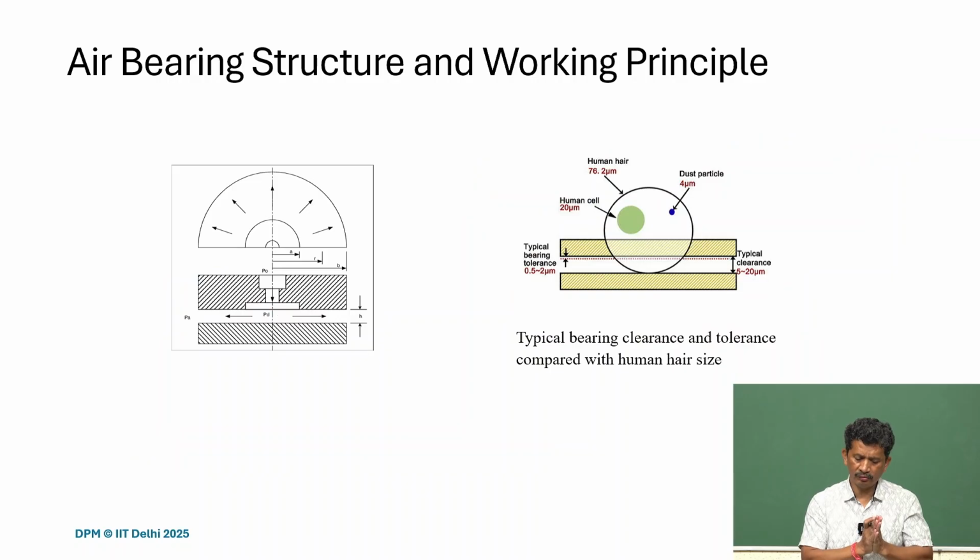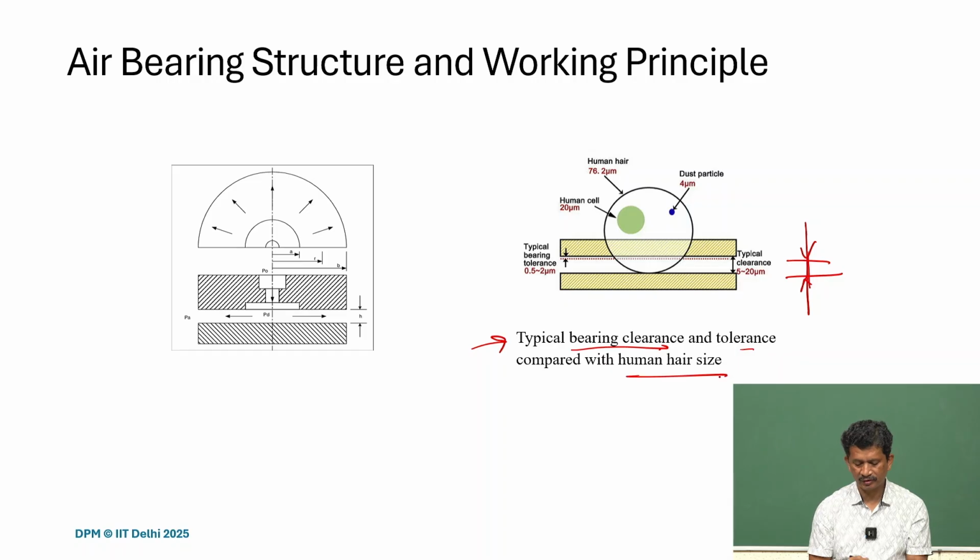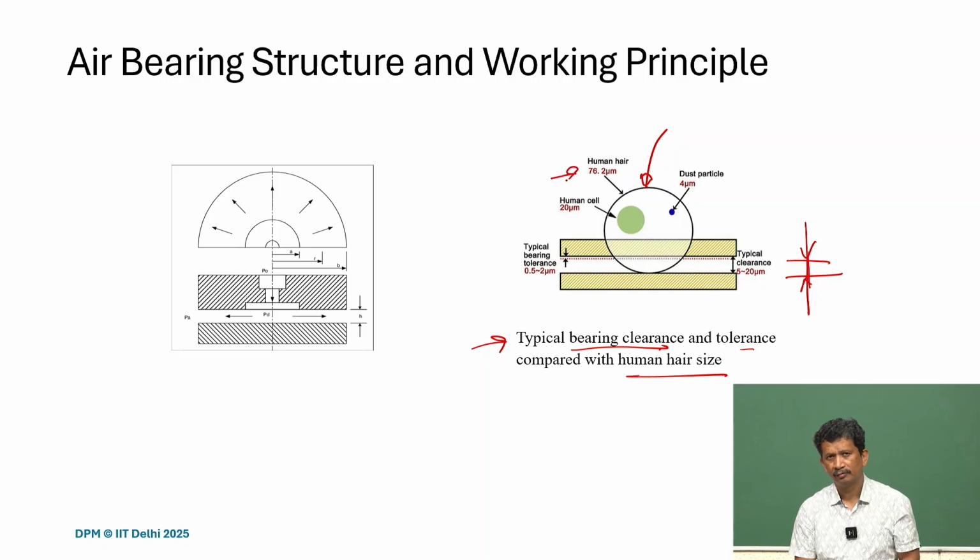What we also need to understand is what the working range is, what air gap we are talking about when we are talking about these kinds of systems. It's just a comparison here: typical bearing clearance and tolerance versus the human hair, this big black circle, with a diameter of the order of 70-80 micron.